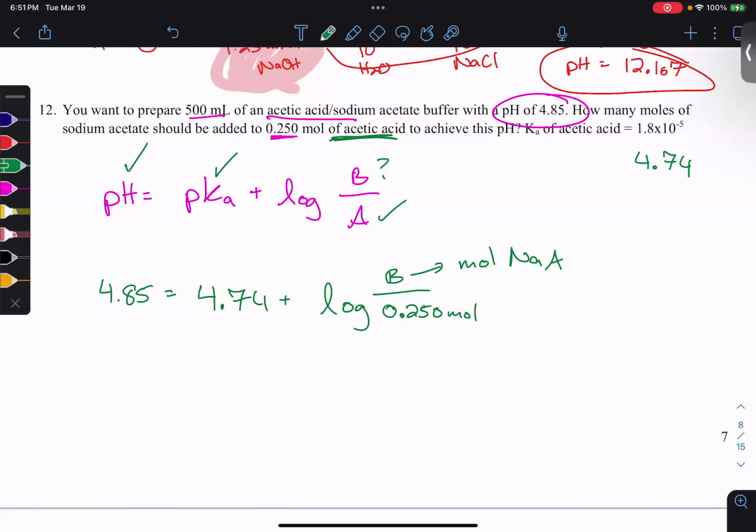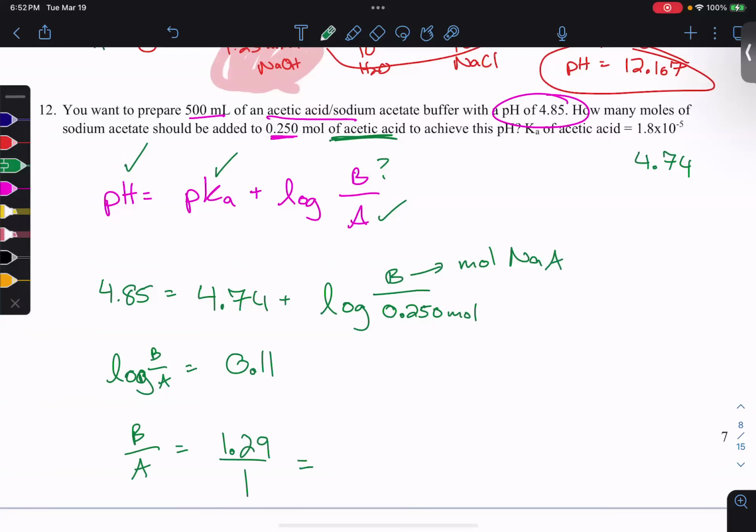So let me just go ahead and solve for that. So in this question, nope, that's not it. All right, I think if you solve this, log base over acid equals something like 0.11. So that means my base to acid ratio equals 1.29.